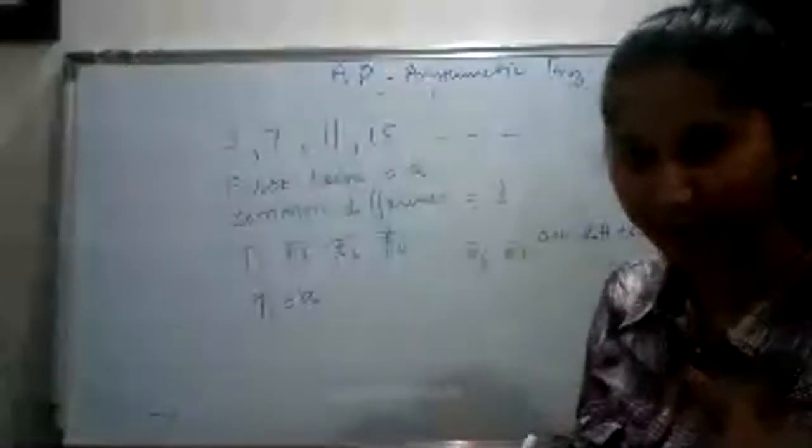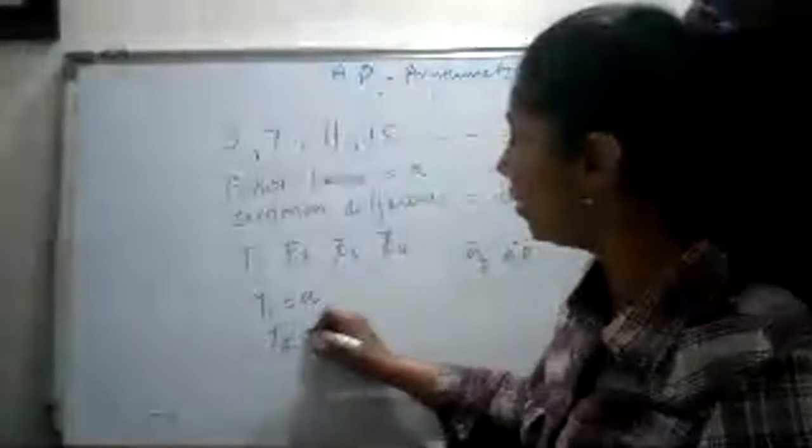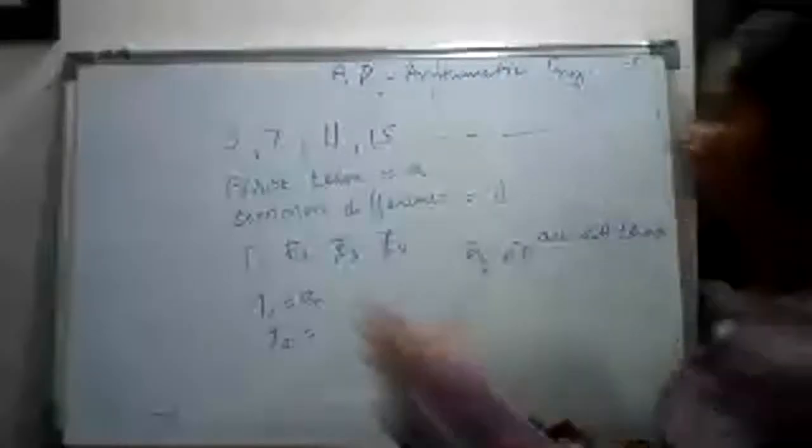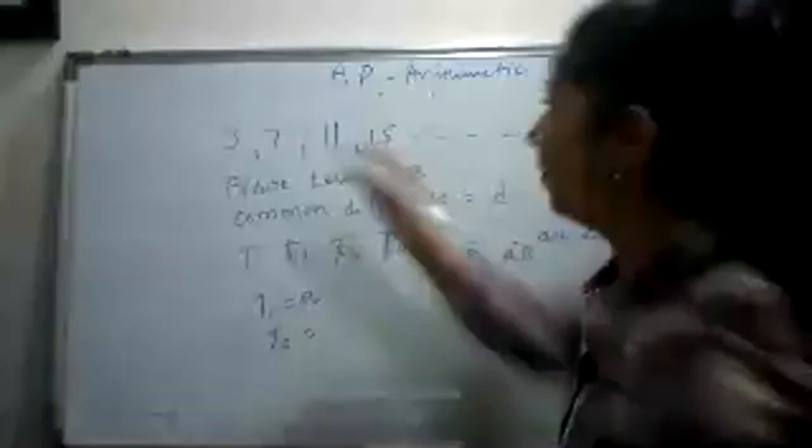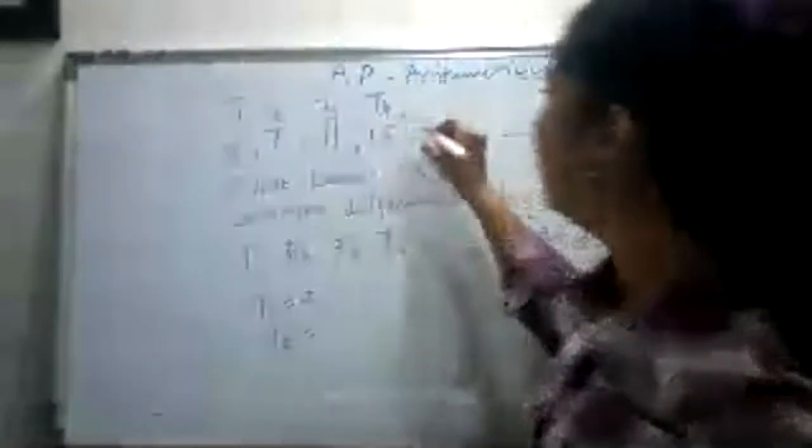So my T1 is equal to my first term, a. Fine. What will T2 be equal to? This is my first term, and this is a also. This is the second term, this is the third term, then the fourth term, and so on.